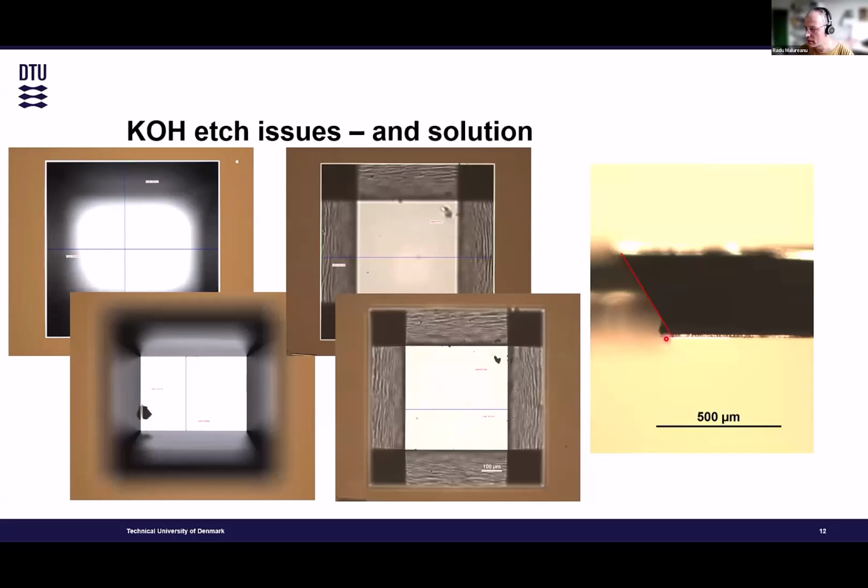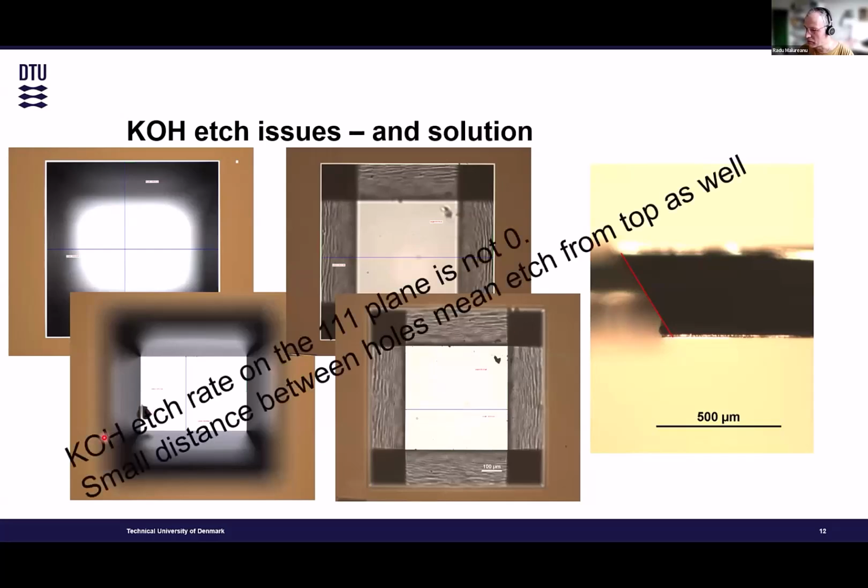And indeed, the solution is what I mentioned before, that the KOH etch rate on the 111 plane is not zero. So what that means, funnily enough, is that when you have big structures, you don't care. But when the holes are very close to each other, then this small underedge ends up reaching the small underedge from the other hole, and then it creates an extra etch plane on the top here.